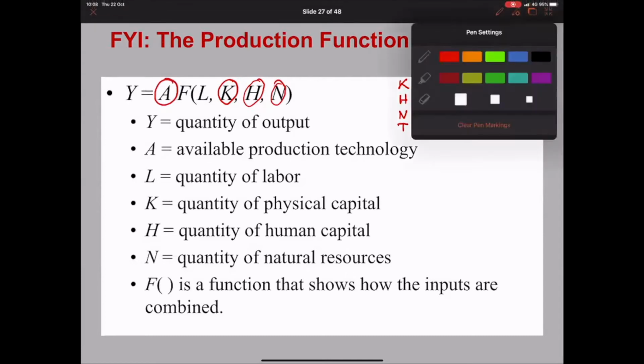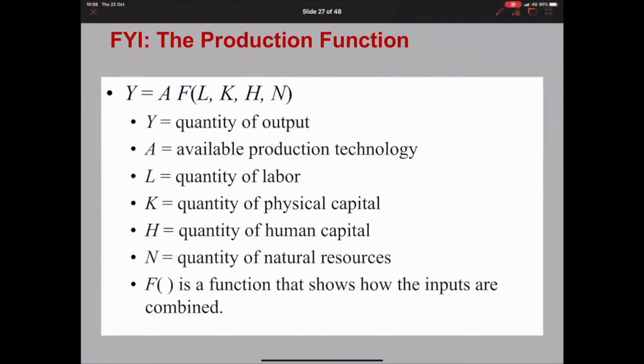So you do not have to worry about this. We just try to explain what we learned in micro, and we use the terminology for macro. So the production function is like output. It is determined by how the industry or the economy combines these four inputs together, and the state of technology will be like the multiplier.